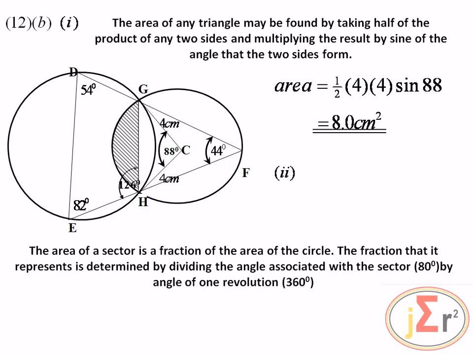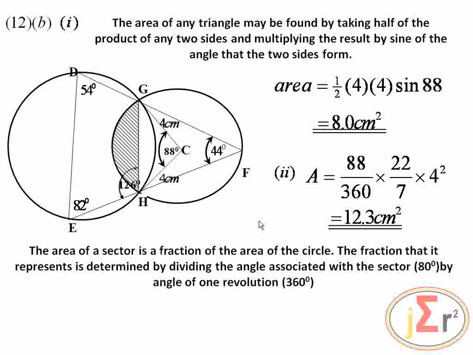So the fraction is that angle over 360 degrees multiplied by pi r squared, which is the area of the circle. When we put those together, we get 88 over 360 multiplied by 22 over 7 times 4 squared. And that turns out to be 12.3 centimeters squared.